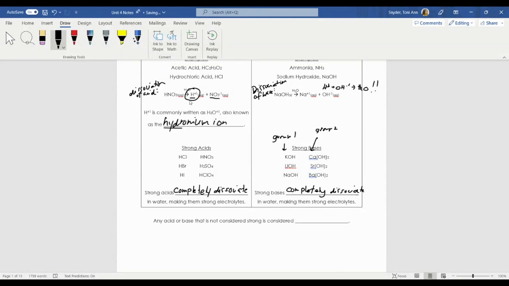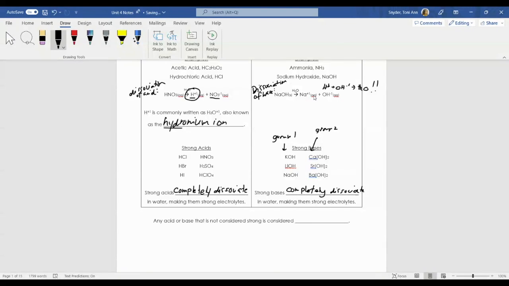Whereas a weak acid like acetic acid is not considered one of our 6 strong ones. It does not produce the maximum number of protons. You're going to have some that are left undissociated. They're going to remain together in solution. And the same goes for your bases as well. Your strong bases will completely dissociate into whatever the cation is and the hydroxide ion, whereas weak bases do not.